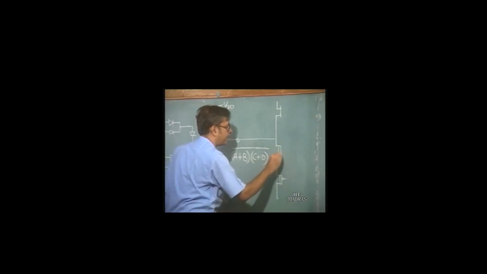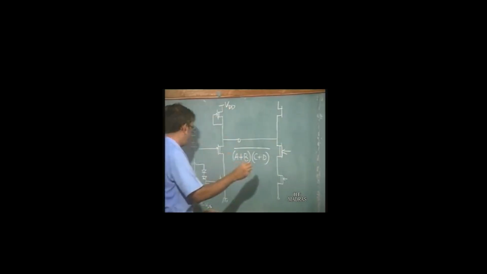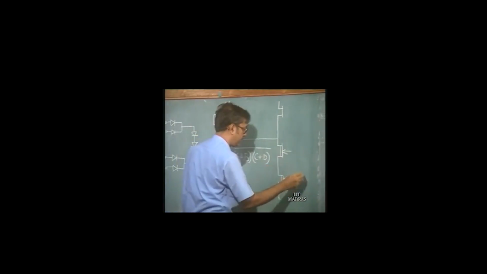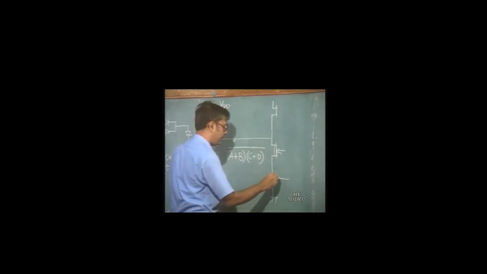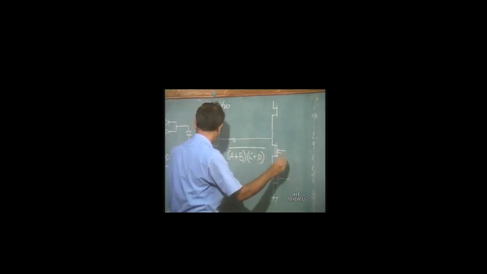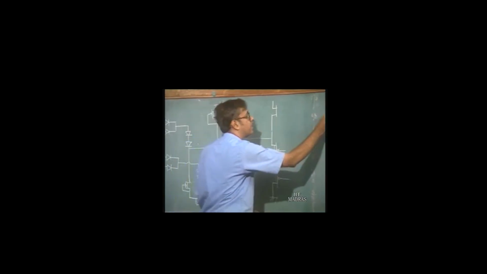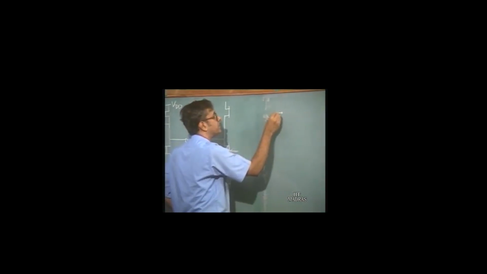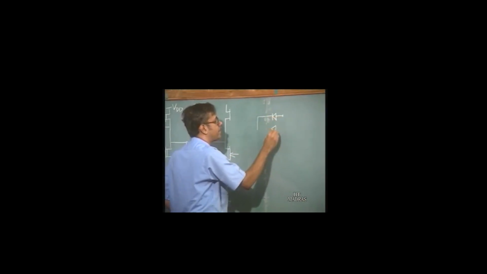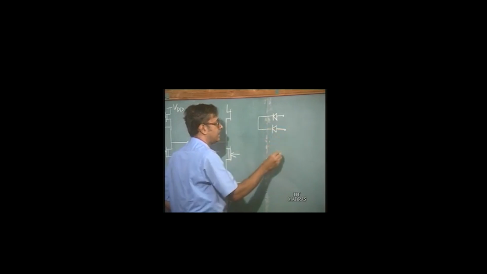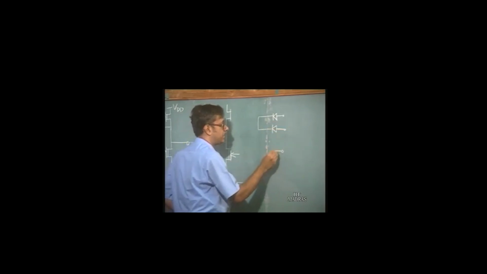You have another set of depletion mode transistors, and again you have 4 more inputs, say this is one, another input here, you have 2 more inputs here.